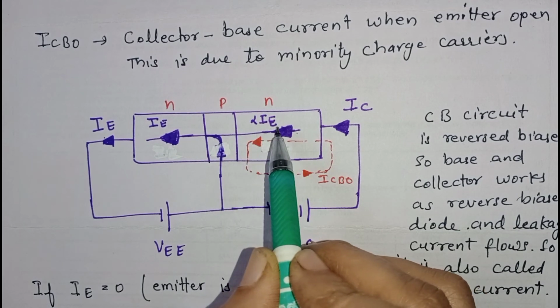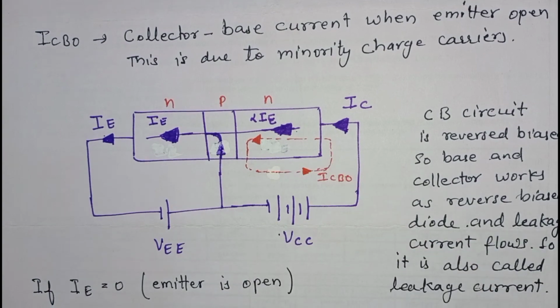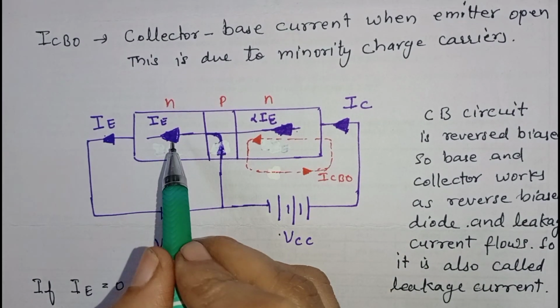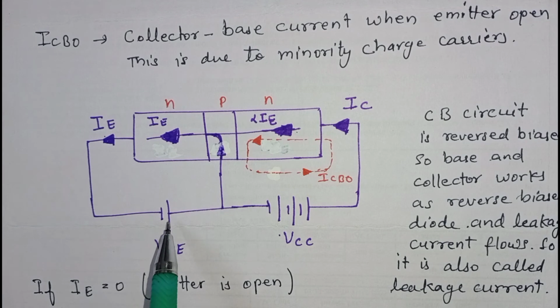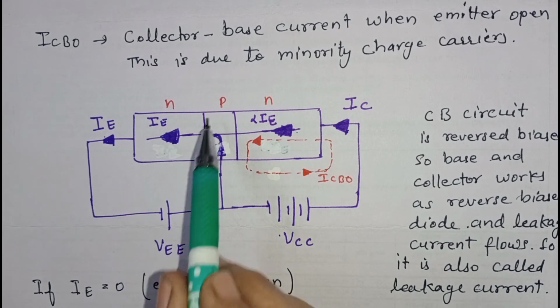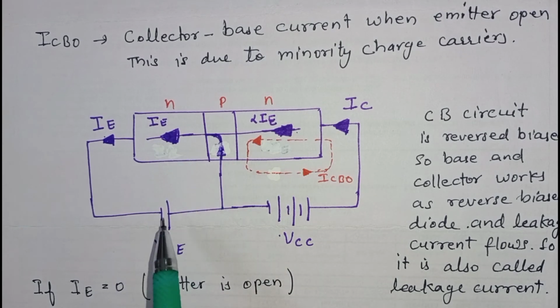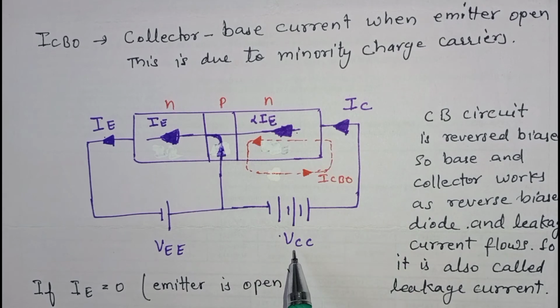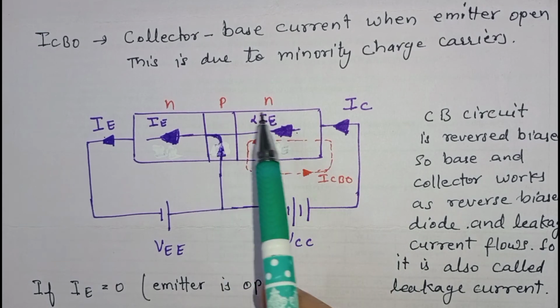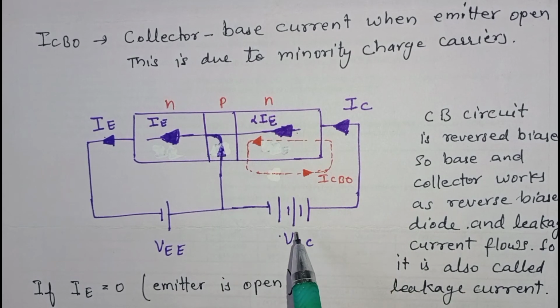They constitute this current alpha IE. Now suppose this IE is 0, meaning this battery is removed from here. Then the emitter base circuit is open. Now only VCC is connected and this P and N region are in the circuit.